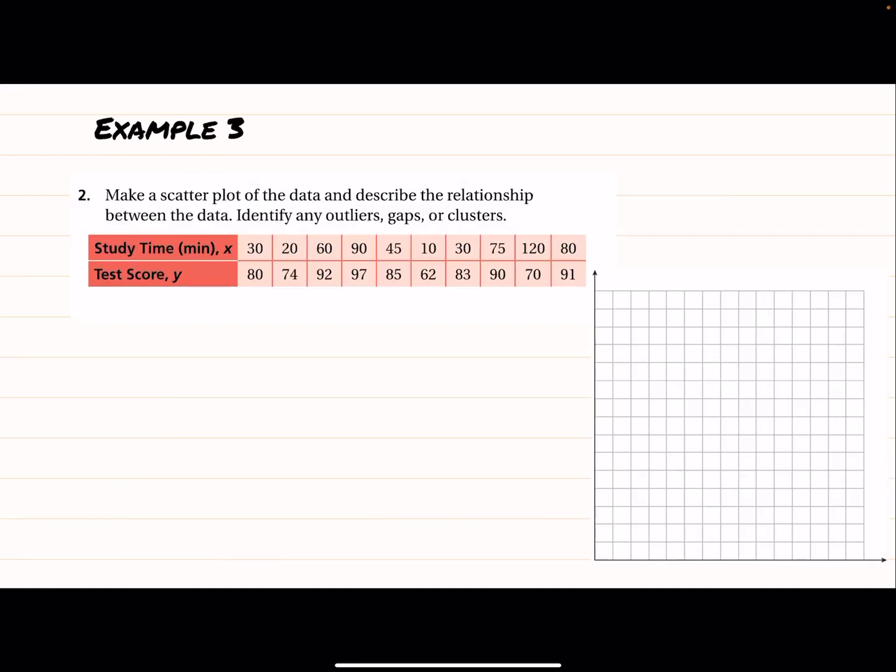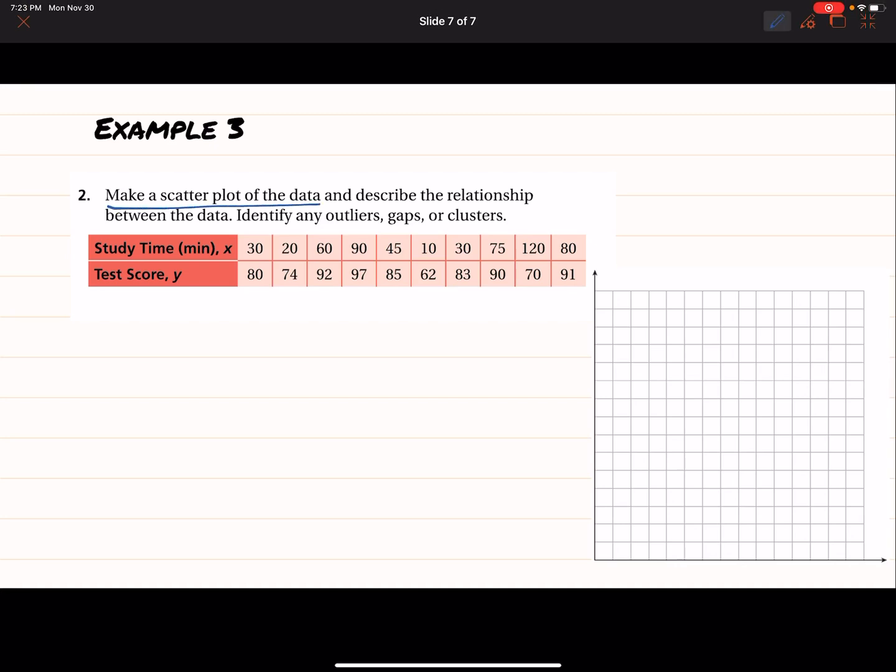Okay, example 3. Make a scatter plot of the data and describe the relationship between the data. Identify any outliers, gaps, or clusters. So first thing that we're going to do here is make a scatter plot. Then we can go on to describe the relationship and identify any outliers, gaps, or clusters.